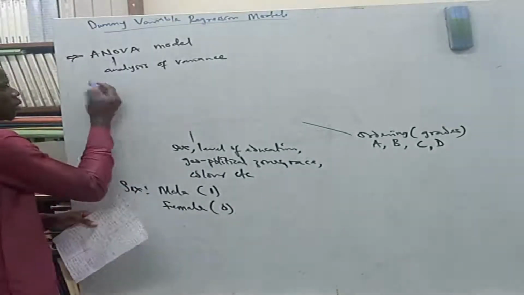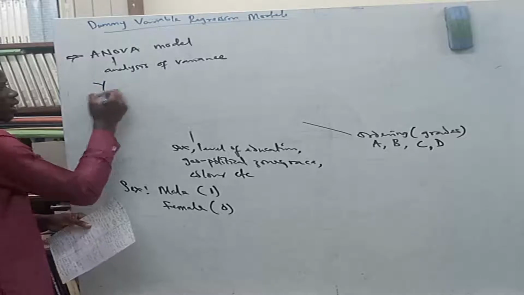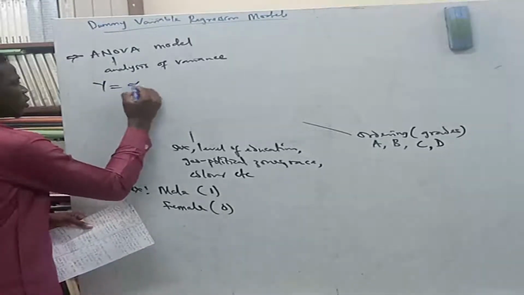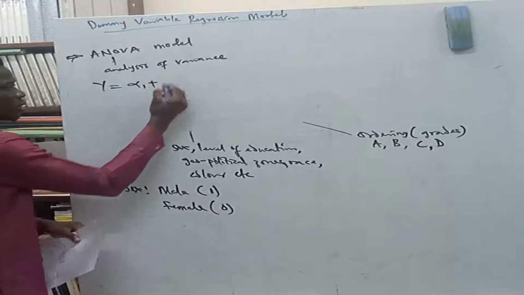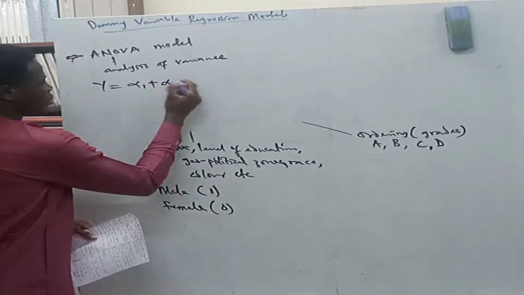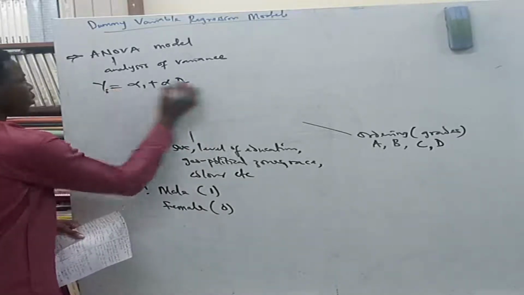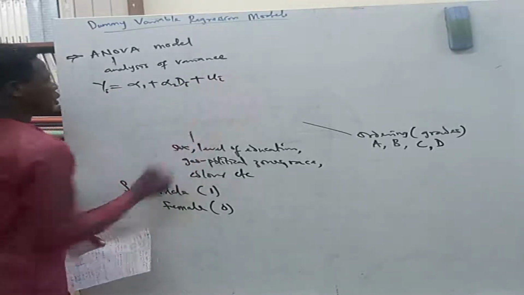So what will you do? You say, okay, let's denote Y, the annual wage or annual income, as equal to your intercept plus the dummy D, plus U i.